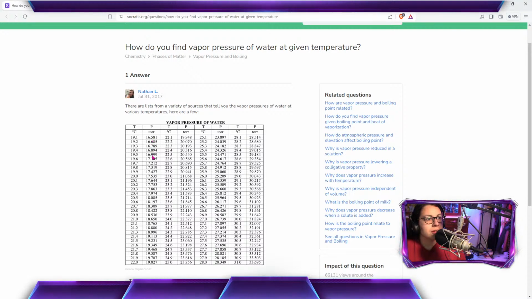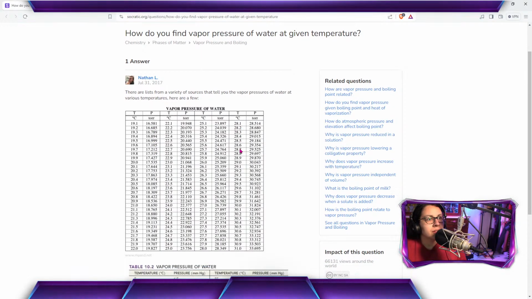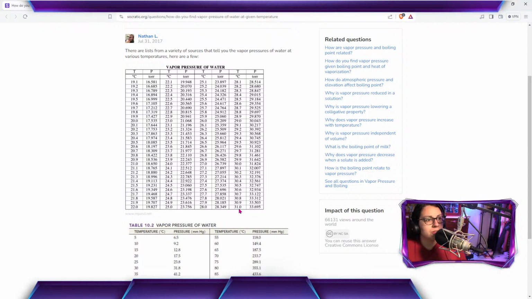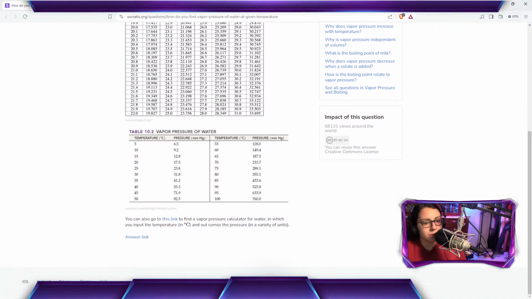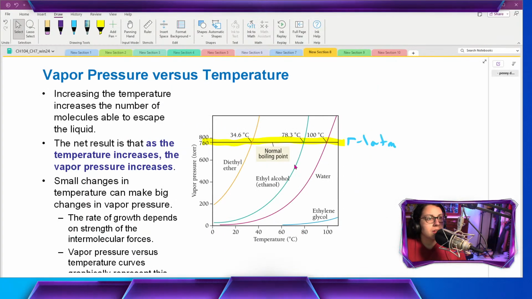Again, you can see it's exerting some sort of vapor pressure and then increasing. This chart stops at 31, which is a little annoying, but it could increase all the way to 100, which establishes what normal boiling is.